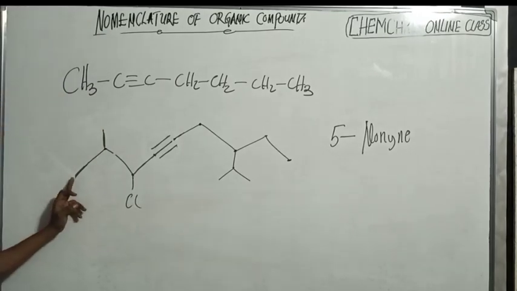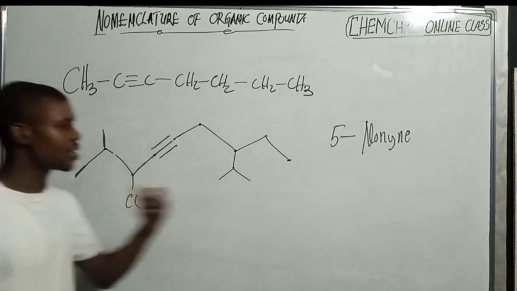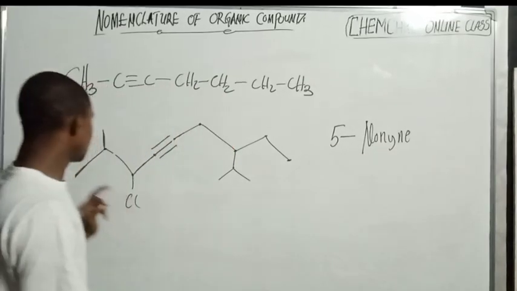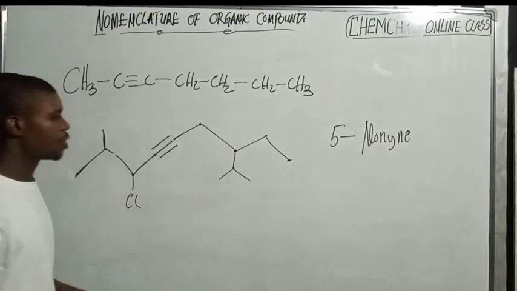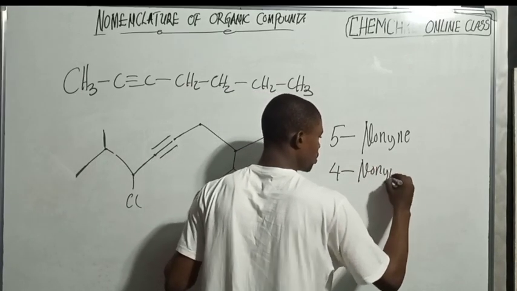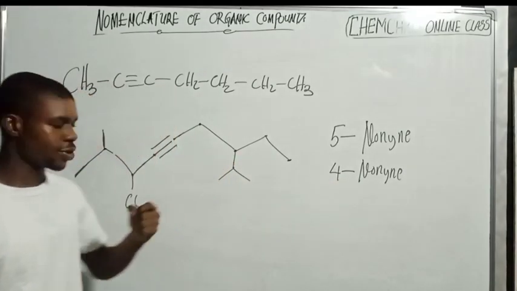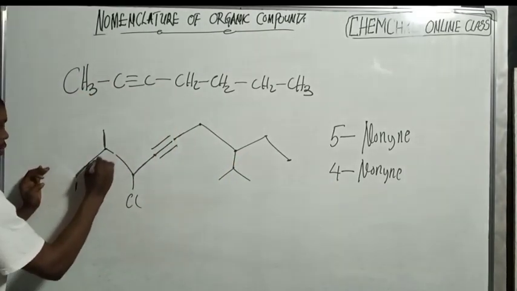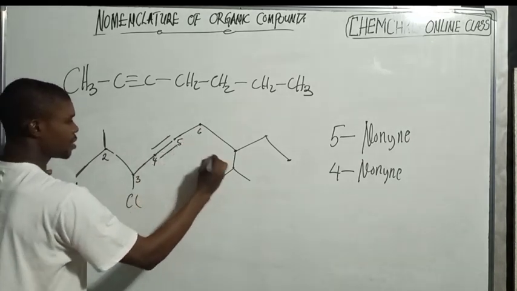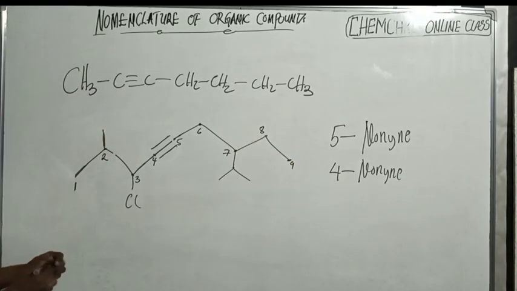Now let's start from the other end: 1, 2, 3, 4. Here we have 4-nonyne. So the one that gives 4 is the correct numbering. You have to start from here: 1, 2, 3, 4, 5, 6, 7, 8, 9. Can you see that?